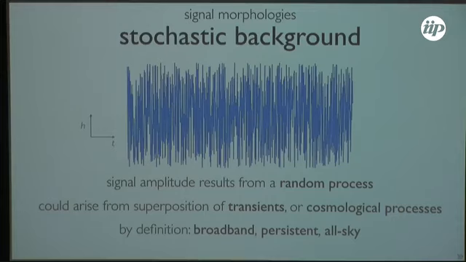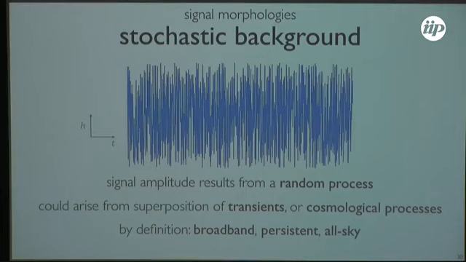So again, one way which you can produce that is just from having many, many weak sources, okay? You can also have stochastic gravitational waves that are intrinsically stochastic. So for example, in the early universe, cosmological processes may have caused the emission of gravitational waves that are random by nature.